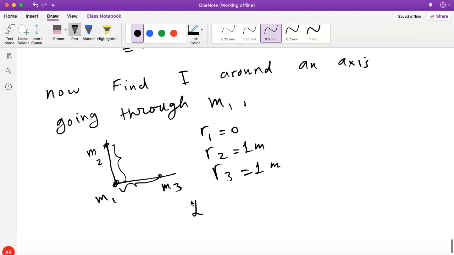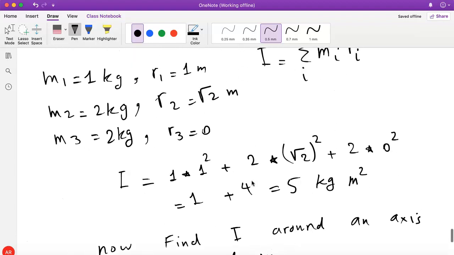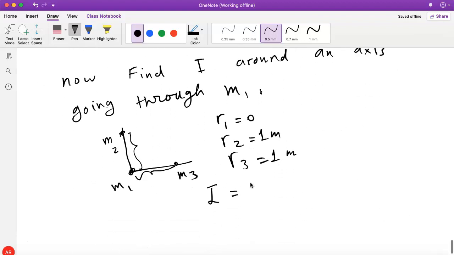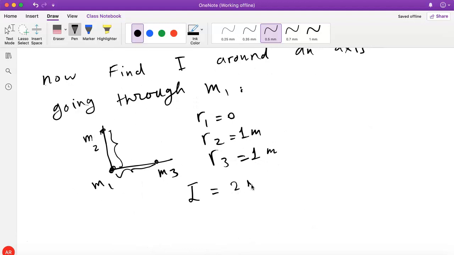So now I find my moment of inertia to be m1 times r1 squared, which is 0, m2 was 2 kilograms, m3 was 2 kilograms, so I get 2 times 1 squared plus 2 times 1 squared, and that's 4 kilogram meter squared.